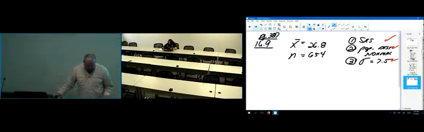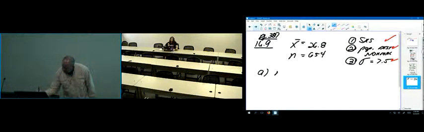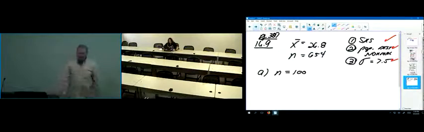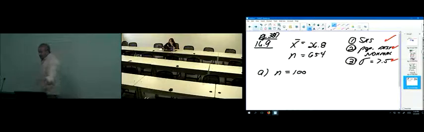And so what we've got is this. It says, suppose, just for the sake of things, that we had an SRS of 100 young women, what would be the margin of error for 95% confidence? So part A says, instead of having 654, let's say we had 100, what would be my margin of error?